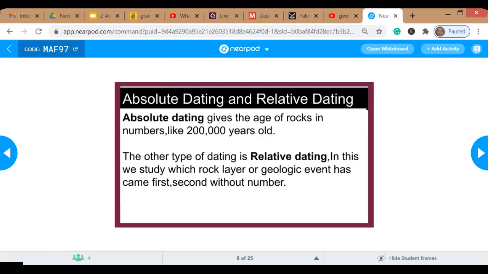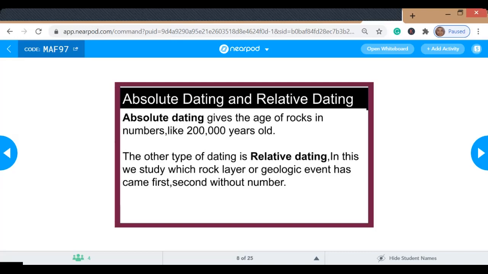Now, before getting very deep into the topic, first we will look into what absolute dating is and how it is different from relative dating. The absolute dating gives the age of rocks in numbers, like 200,000 years old. You have a number to know the year or age of anything.